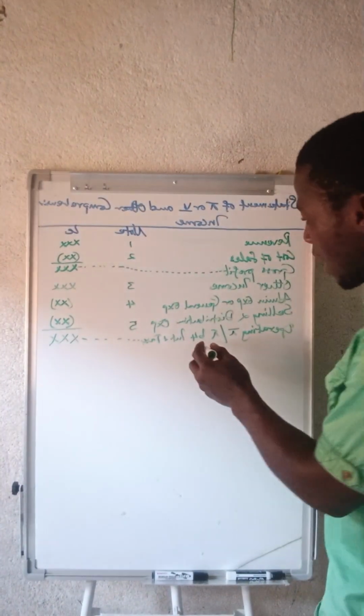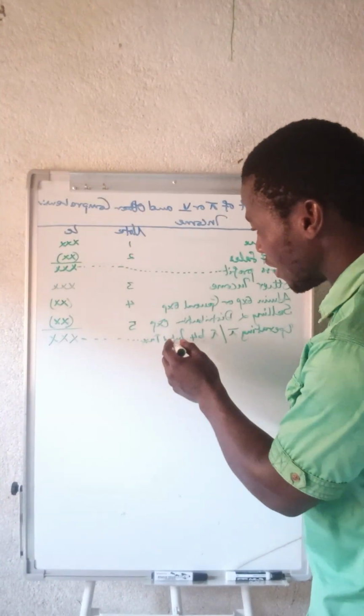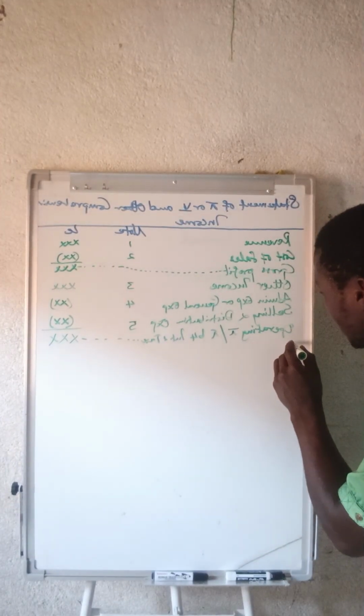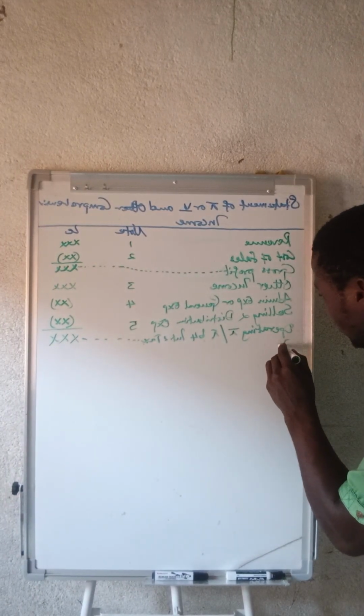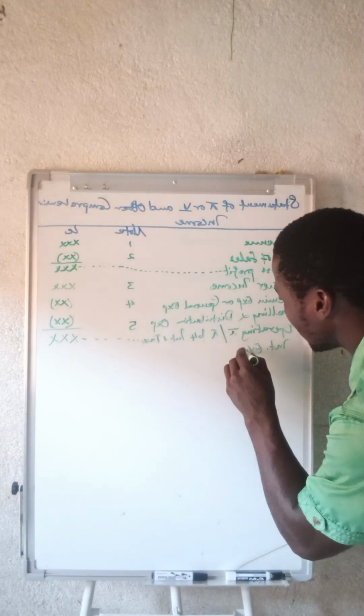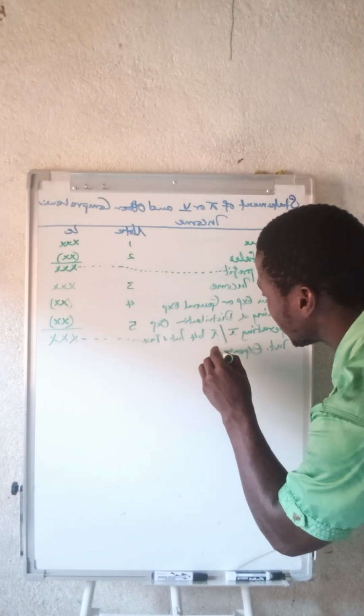So now, because we have profit before interest, we say interest expense, or what?